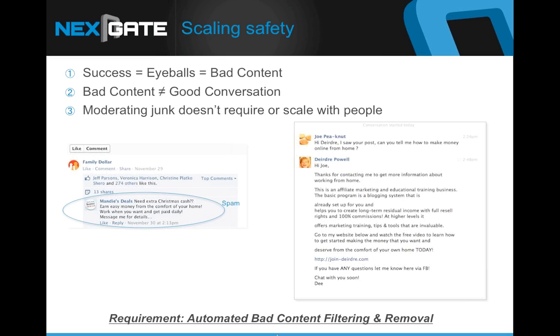This isn't people who are complaining about your brand. This isn't negativity. This is people that are trying to exploit your audience or abuse the microphone that you provided out there. You just need to remove that signal noise out of the mix. That is something that your teams and your precious resources shouldn't be focused on. That should be removed from their view automatically so that they can engage with somebody that may have a legit complaint.